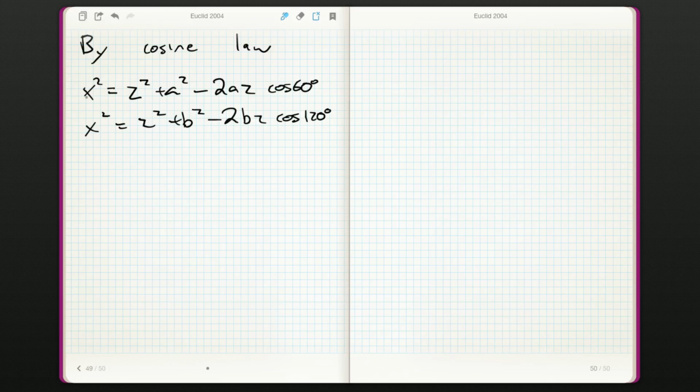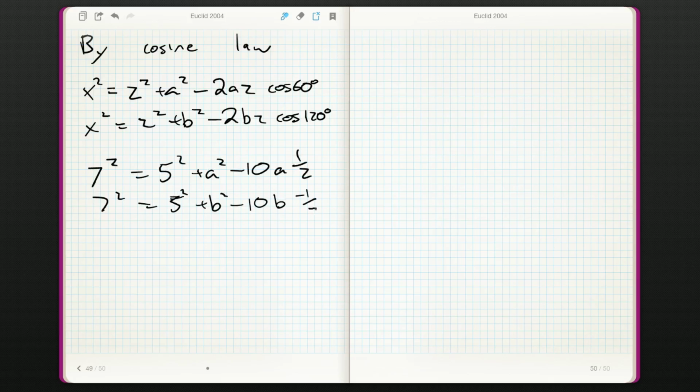I forgot. So 7 squared is 5 squared. Difference of 24 there. 8 squared minus 10a, and then cosine of 60 is a half. And 7 squared is 5 squared plus b squared minus 10b negative a half.